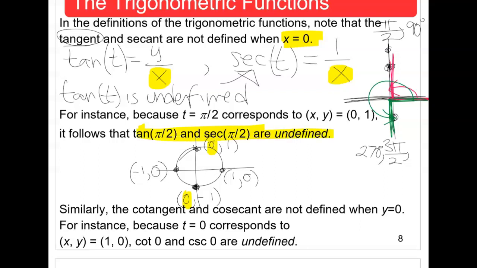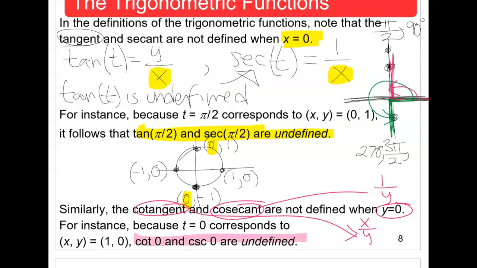Now, similarly, cotangent is defined as x over y, and we have cosecant, which is defined as 1 over y. So now if y is equal to 0, it will be like you're trying to divide by 0. So therefore, those two will be undefined if y was equal to 0.